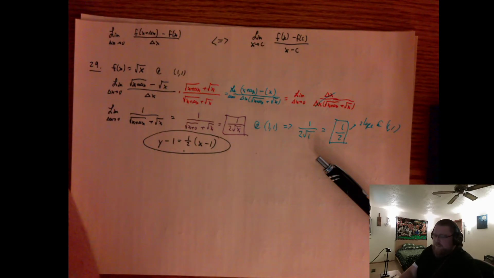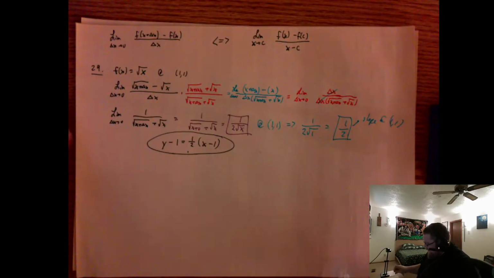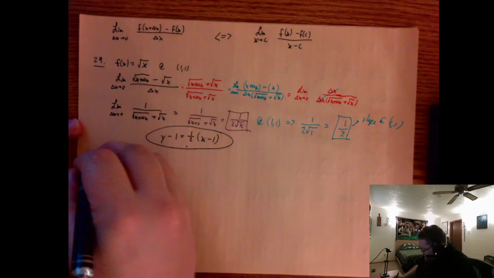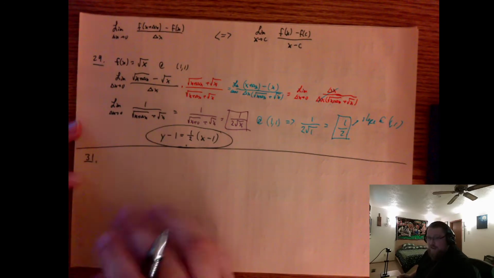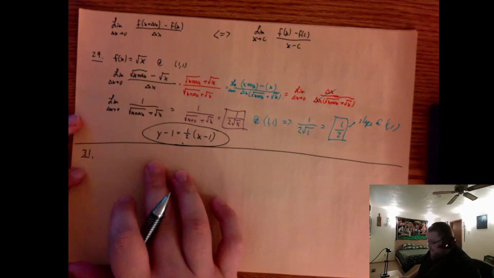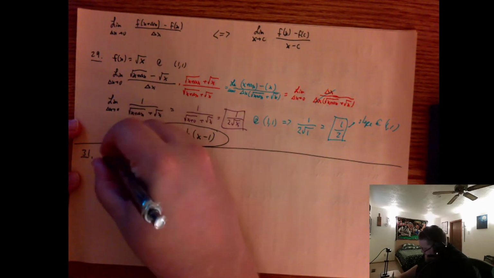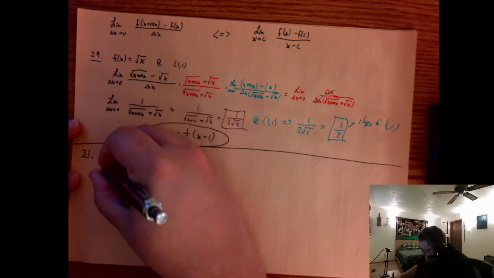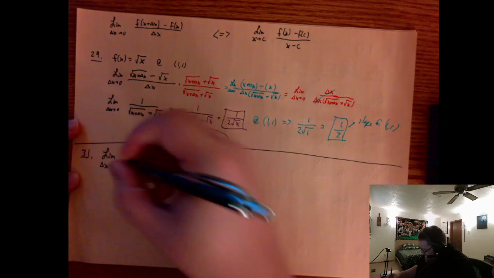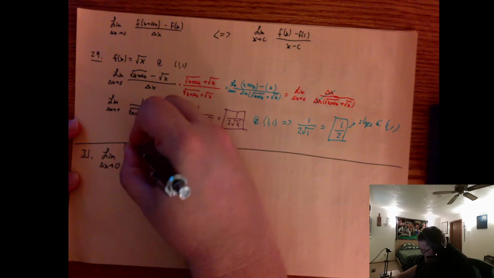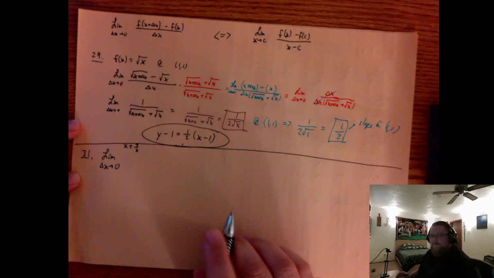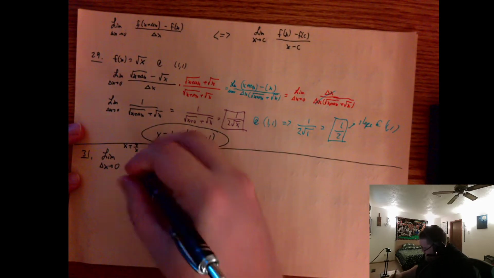Same way. Here it is. Number 31 has a unique function, which makes this kind of fun. On 31, since it's not a radical, you're not going to use a conjugate, but you will use something. Here we go. Limit as delta x approaches 0. And my function was x plus 4 over x. Okay, let's do it.